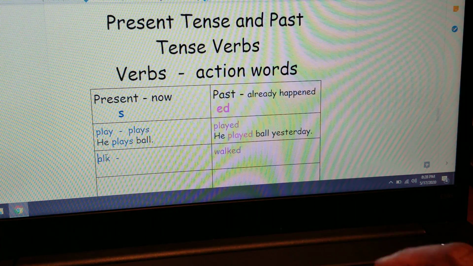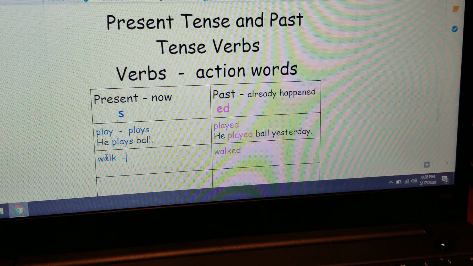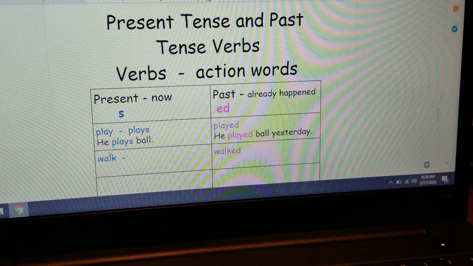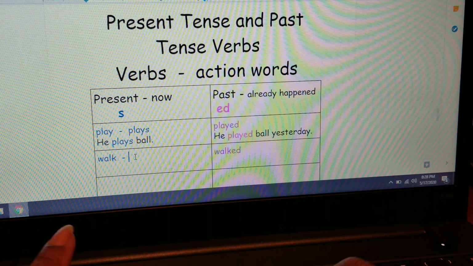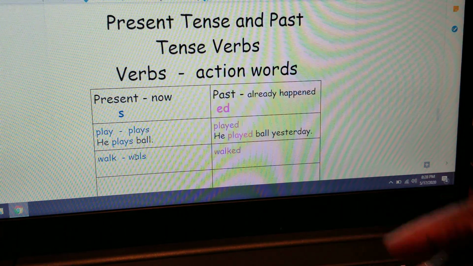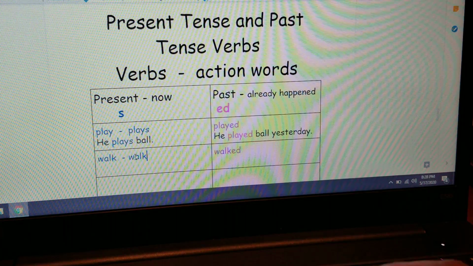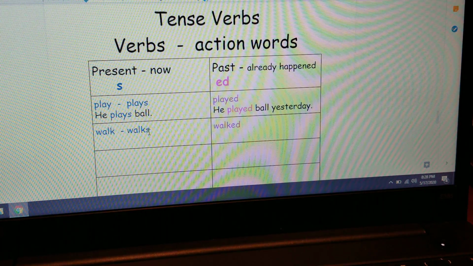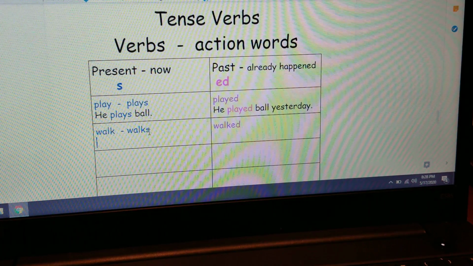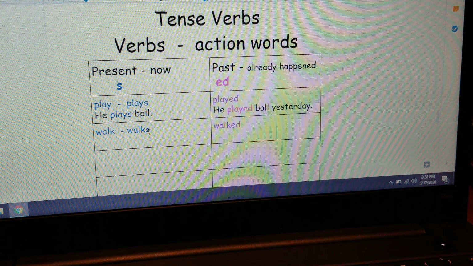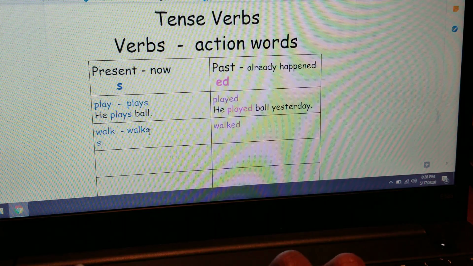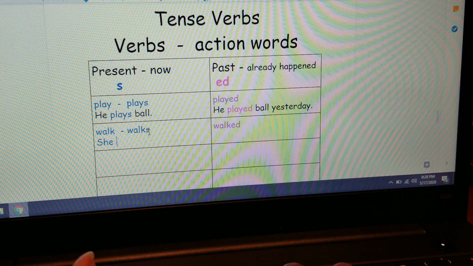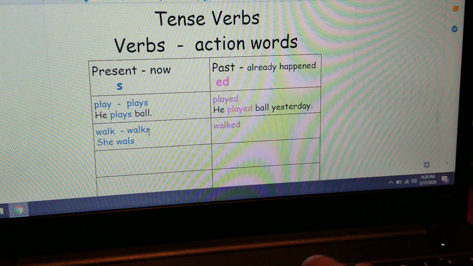Walk, another verb, becomes walks when I want to use it in a present tense sentence. Can you help me? Okay. She walks fast.